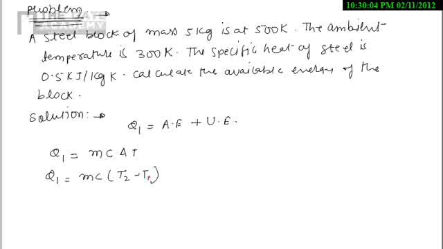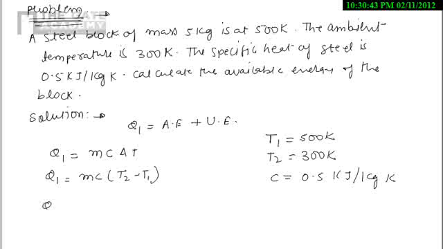Here it is mentioned that the steel block is at 500 Kelvin, meaning it is T1, and T2 is 300 Kelvin. So I will write first here: T1 is 500 Kelvin, T2 is 300 Kelvin and C is 0.5 kilojoule per kg Kelvin.